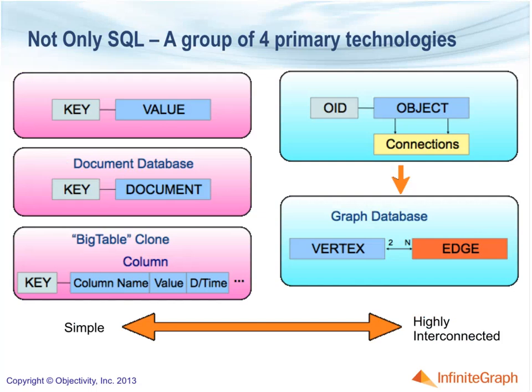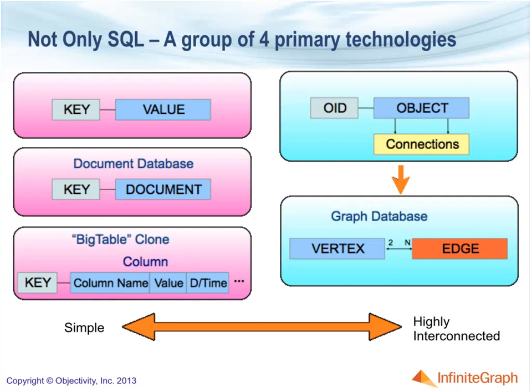And so we've talked about the NoSQL technologies. I don't need to dive too deep here in this audience, but we have the key value stores and the document stores, the big column clones. And then there were the object databases, which focused not just on the objects and on inheritance in the objects, but on the connections between the objects. That was the big differentiating feature. And we've refined that now into the graph database, which really just has two object classes.